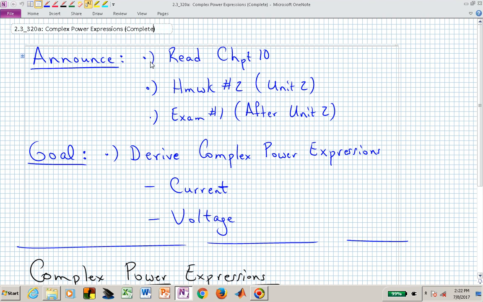And all of this is still in Chapter 10 of the textbook, and today what I want to do is work through some different ways of writing the complex power expressions. One, when we only know the current going through an element or a set of values or impedances, and another one is maybe when we know the voltage that's dropped across those impedances.